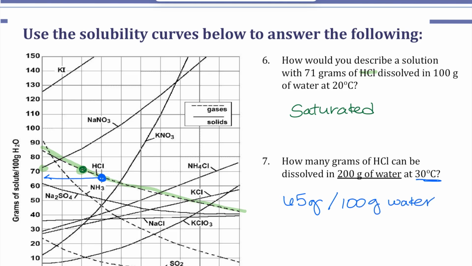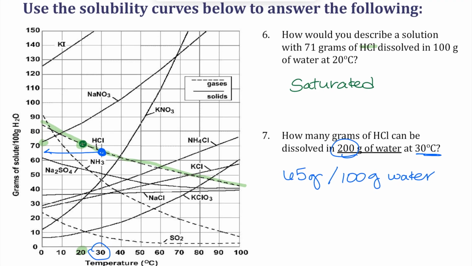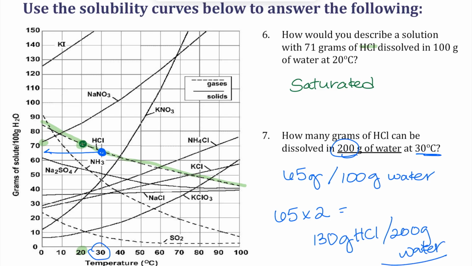And so if this is asking for 200 grams of water, I can do that 65 times 2, and that would be 130 grams of HCl would be able to dissolve in 200 grams of water. So we're just changing the sample of our solvent, and so then we just need to double how many grams of our solute would be able to be dissolved.